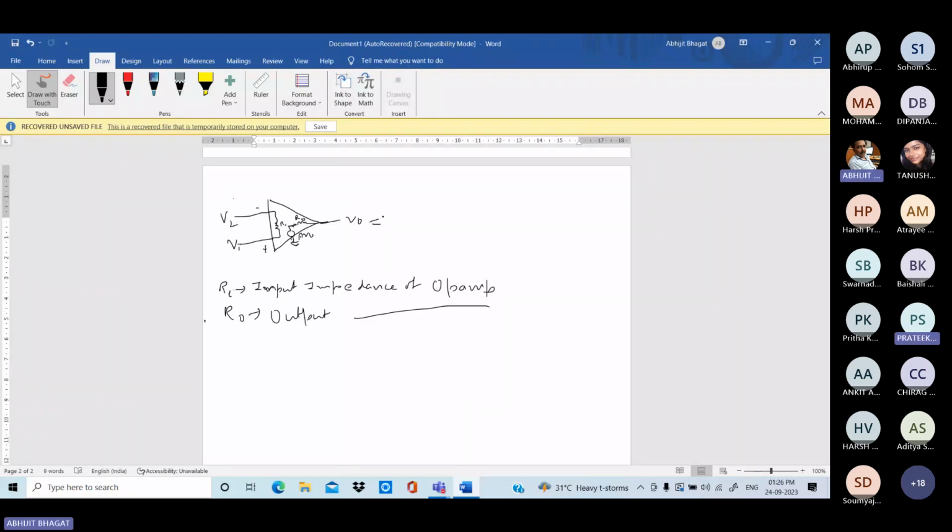So your V0 equals A into VD, where VD is the difference of these two voltages. VD means the difference of V1 and V2. So V0 equals A into (V1 minus V2).